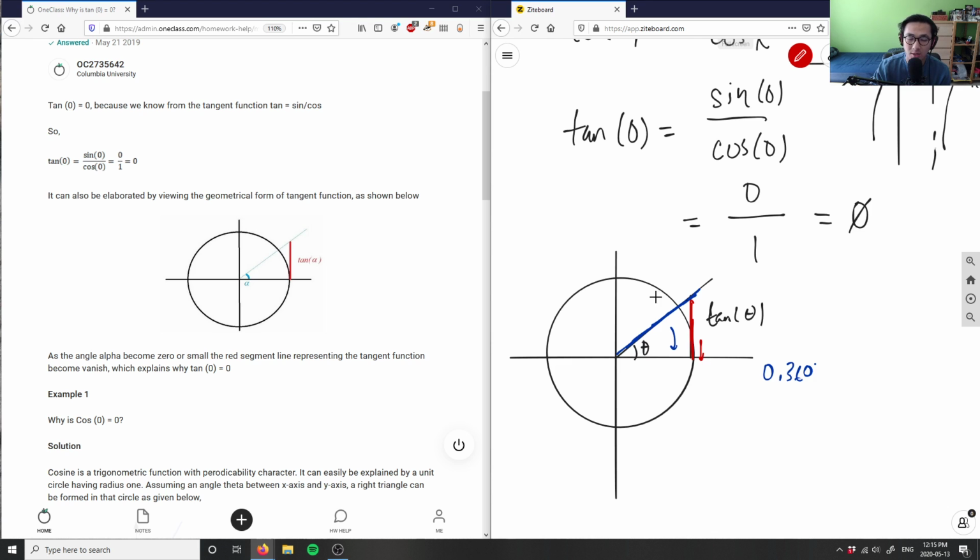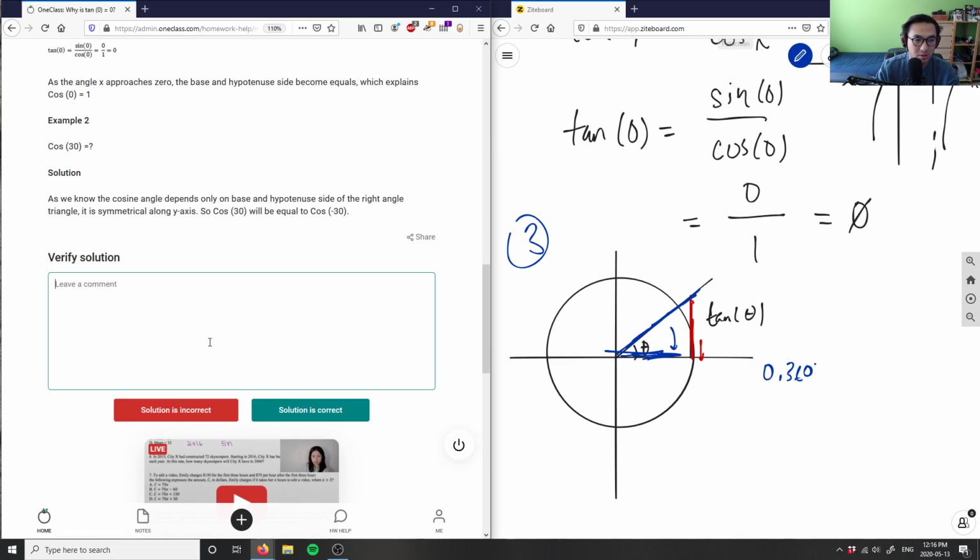Again, repeating here, with this unit circle, as I minimize this angle and it approaches 0 degrees, this line here, my y value, is also going to diminish to 0. So again, this solution is correct. We actually used 3 different ways to prove that tangent 0 equals 0 here. So this solution here is correct.